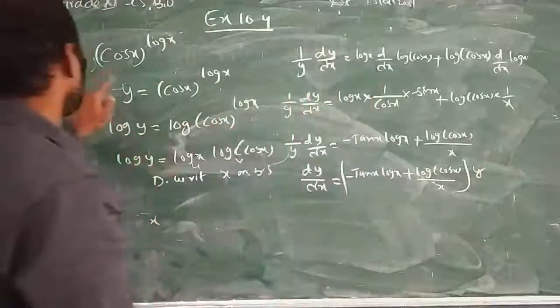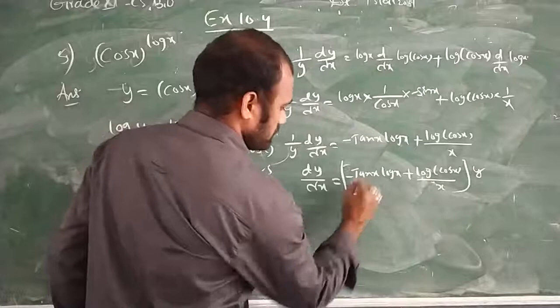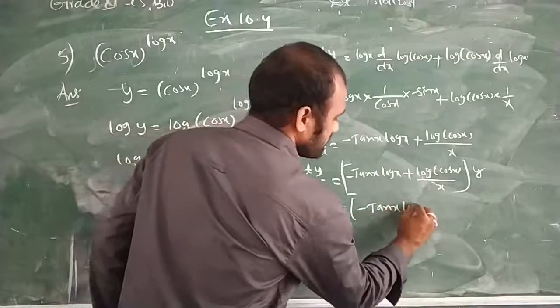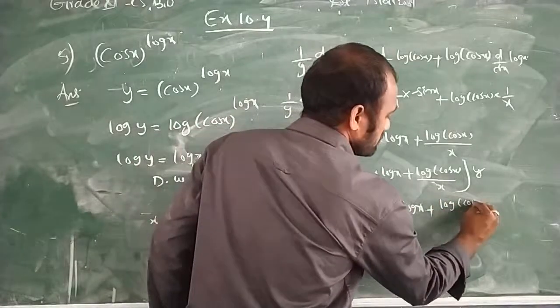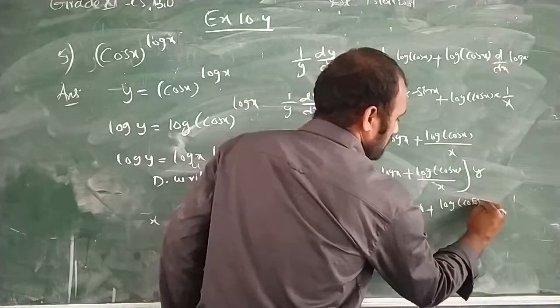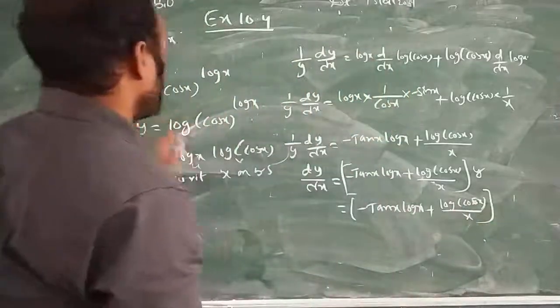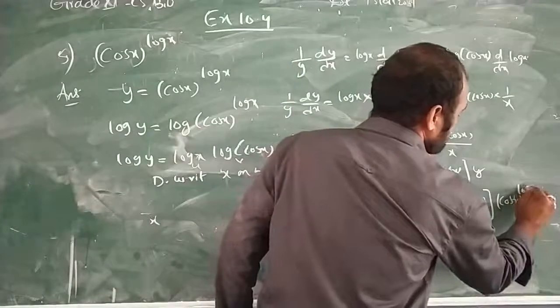We know the y value as cos x whole to the power of log x. So that is minus tan x log x plus log of cos x by x, whole into cos x whole to the power of log x.